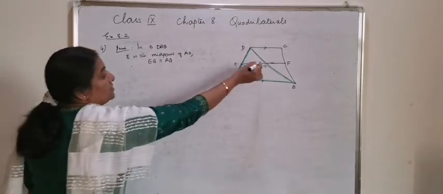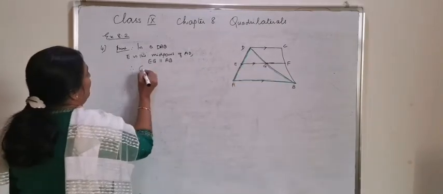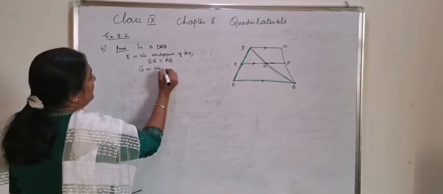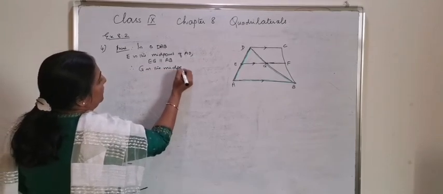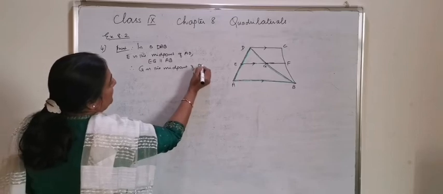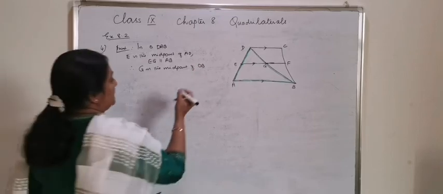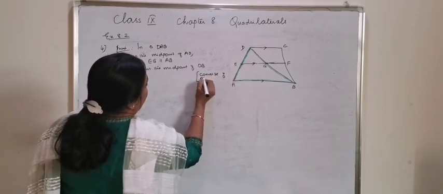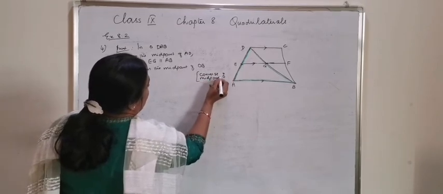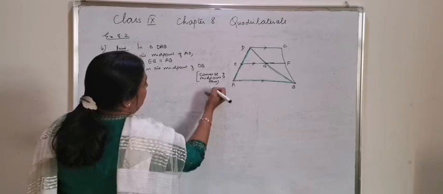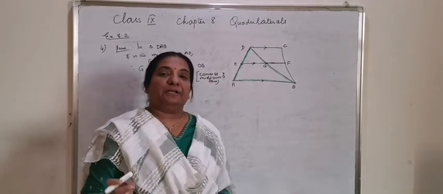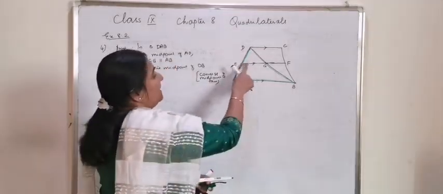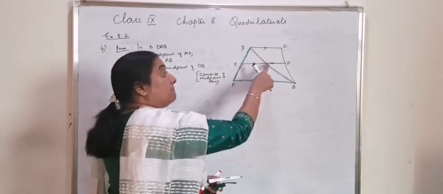Therefore, G is the midpoint of DB. The concept is the converse of the midpoint theorem. That is, a line through the midpoint of one side parallel to the second side bisects the third side.